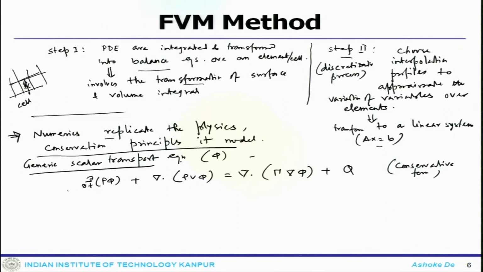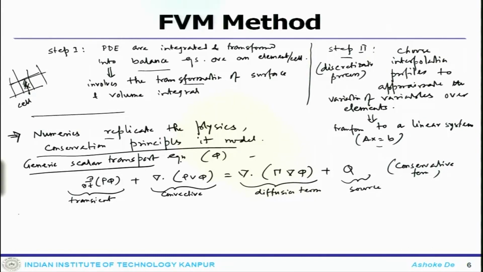So, this term is essentially the transient term. This is your convective term, this is your diffusion term, and this is my source term.